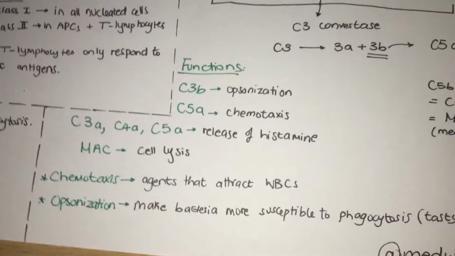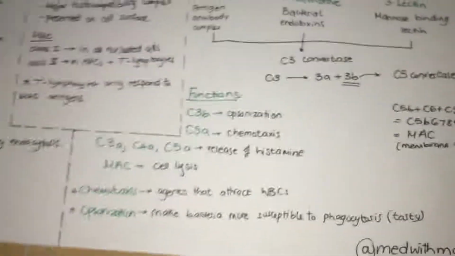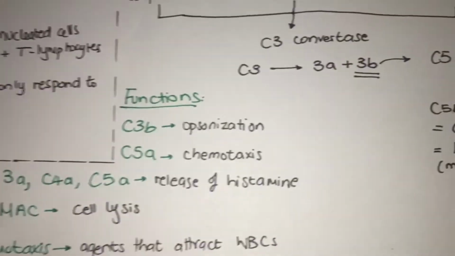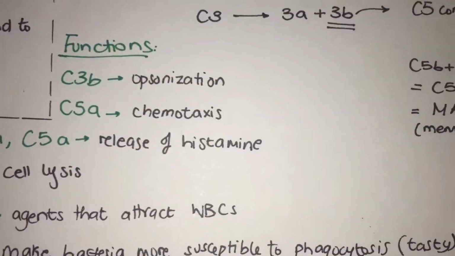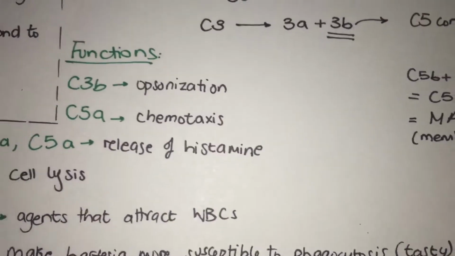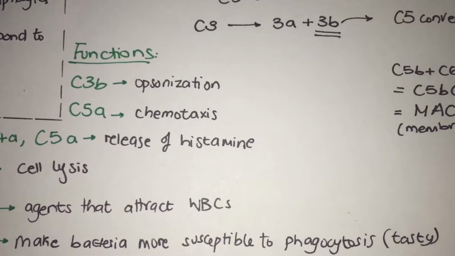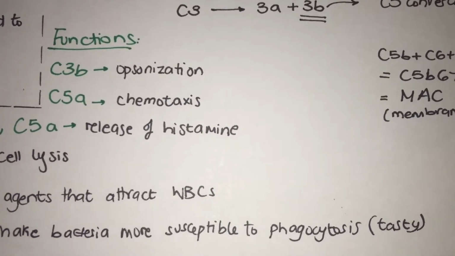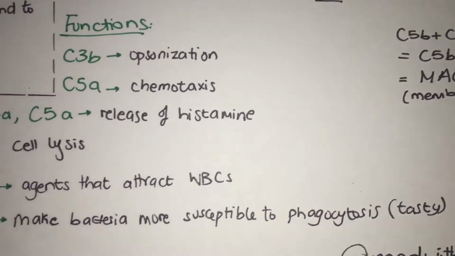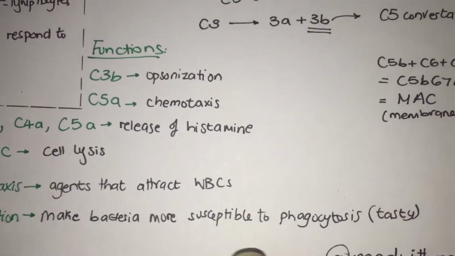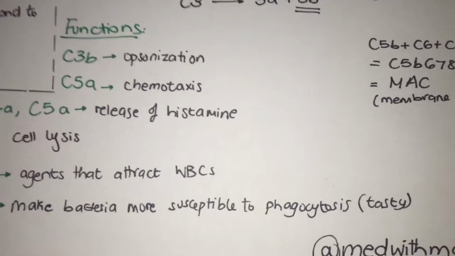There's other functions of complement systems we're going to be talking about. We have C3B, which is known for opsonization. Opsonization is that when this complement sticks to a bacteria or a foreign body, it makes the bacteria more susceptible to phagocytosis, or it makes it tasty.